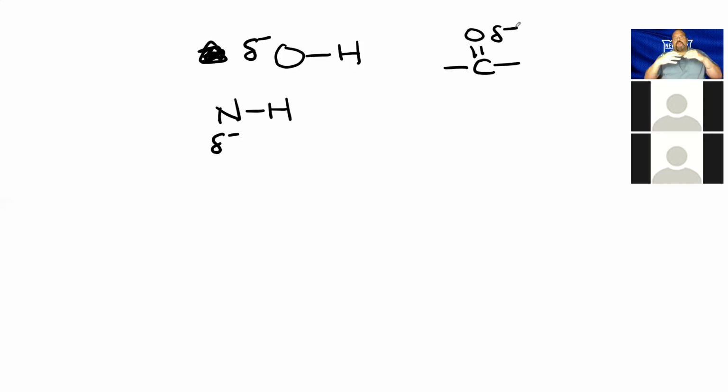Where the electrons are shifted away from, those atoms develop a partial positive charge. In OH, the hydrogen has a partial positive charge. In NH, the hydrogen has a partial positive charge. And in C double bond O, the carbon has a partial positive charge.